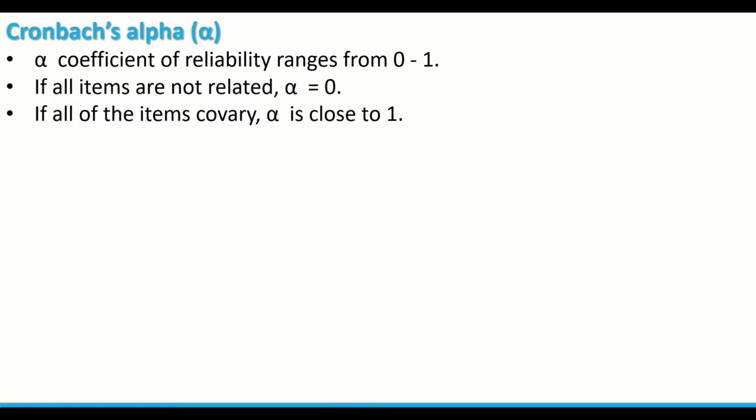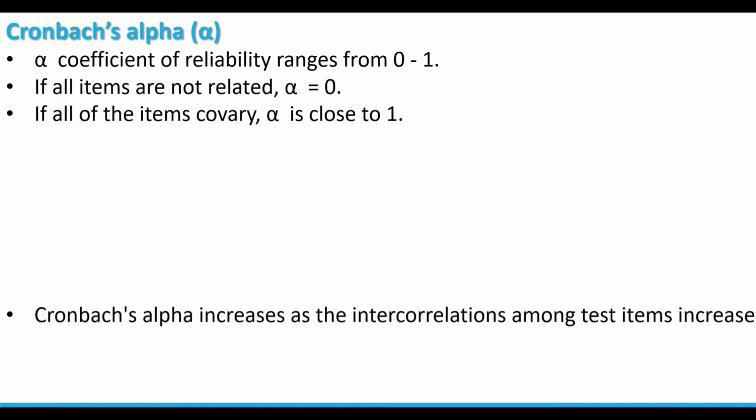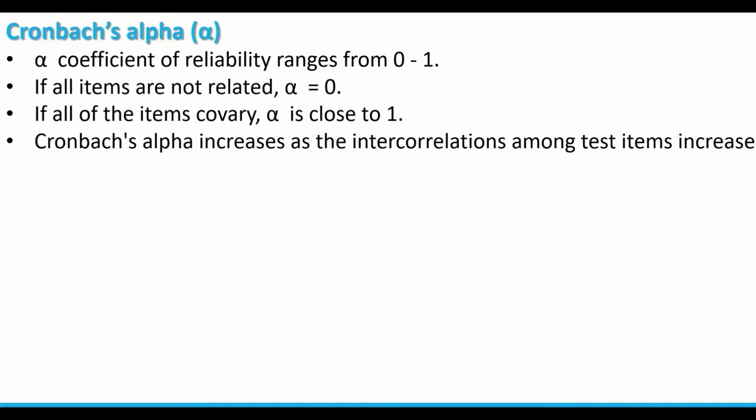If all the items co-vary, then alpha is close to 1. Cronbach's alpha increases as the intercorrelations among test items increase.